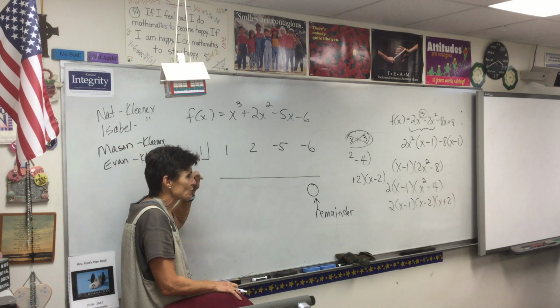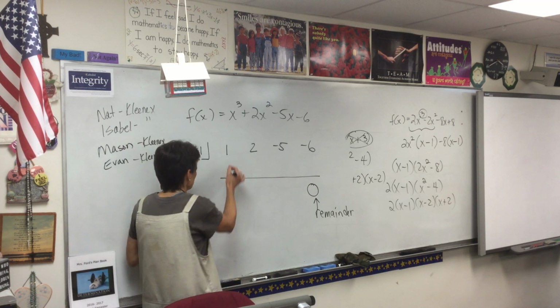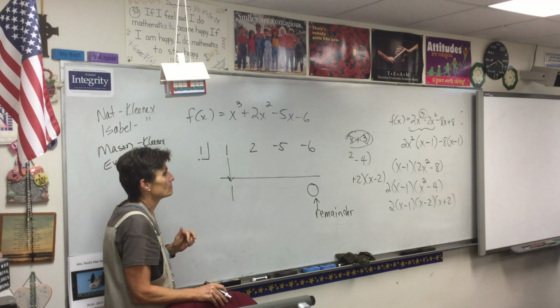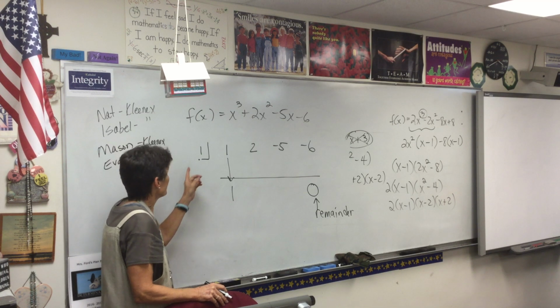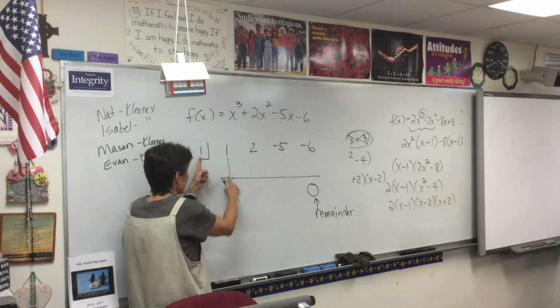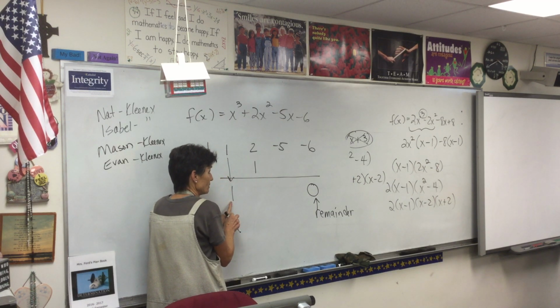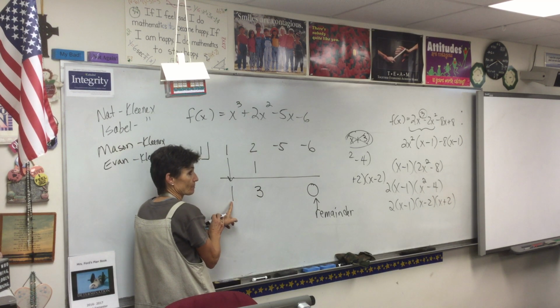Now, how does synthetic division work? How do I start doing this? Do you remember? You drop this number straight down. And Rylan, you're saying something about multiplying and adding, and you're right. We're going to multiply 1 times 1, write the answer here, and then add.